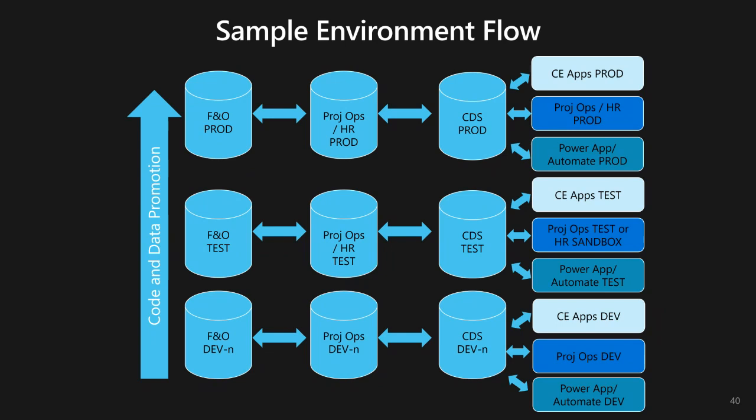So you'll need to consider that carefully, and what makes the most sense for your project. Project operations and HR are also additional applications that can be installed onto that CDS. And if you're also developing Power Apps, Power Automates, anything Power Platform related, those would go into that CDS environment as well.